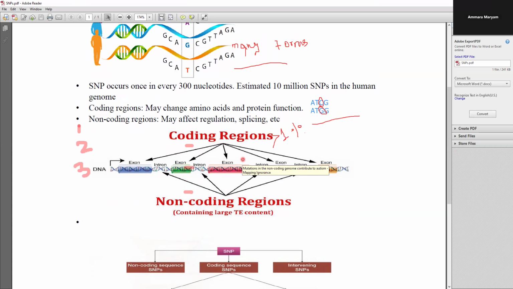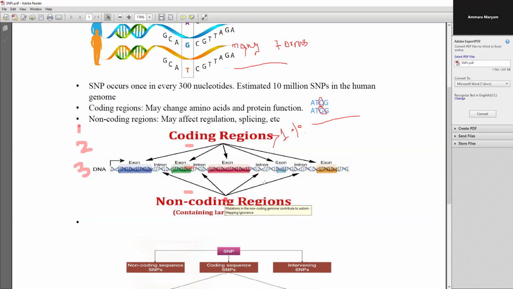They have just regulatory effects on the proteins. In coding regions, these SNPs can change an amino acid, and if they change an amino acid, then there is altering of the protein function. But in the non-coding regions, they can affect only regulation, they can affect splicing.